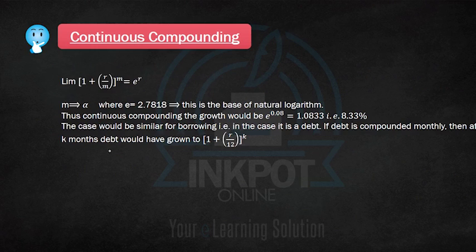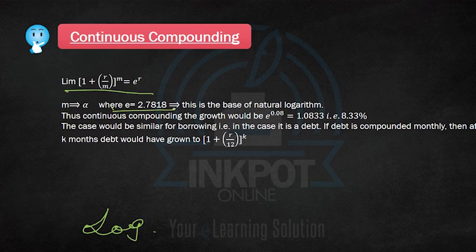Continuous compounding. The third type of compounding is known as continuous compounding, which means that you find the limit. When you're looking at the limit of 1 plus R divided by M raised to the power of M, it is e to the R. So this obviously looks at the log formula, where M is going to move towards infinity. E is 2.7818.